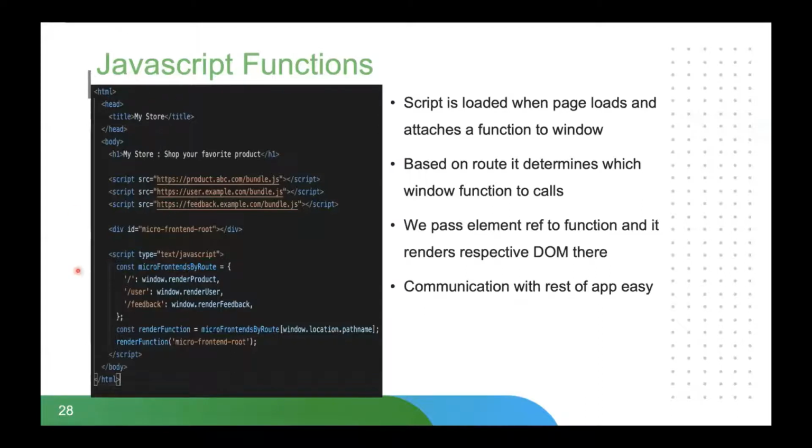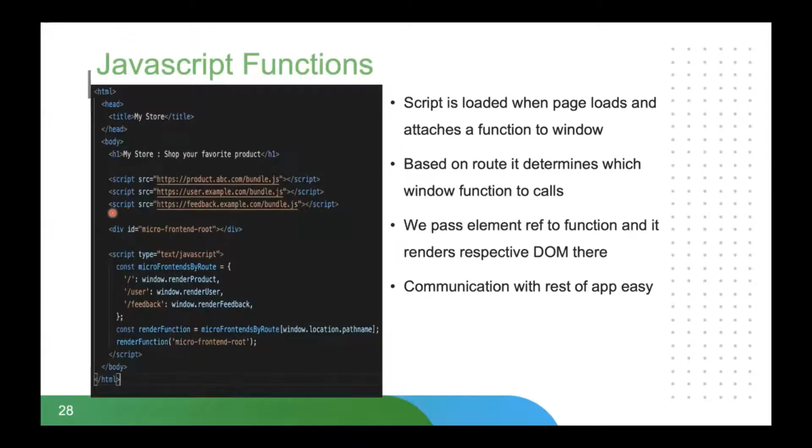Here we have one header, and then the micro frontends will come into the picture. We have a store as the container app, this header, and three micro frontends: one named product, one named user, and another feedback. We want all three micro frontends on our container or shell app.